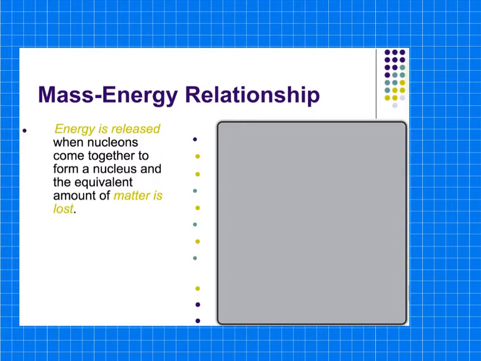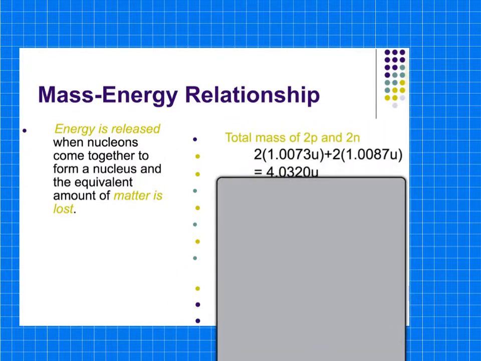In this example, we have two protons and two neutrons that collide together. They form a new nucleus. Now, if we were just to add up in universal mass units, two protons, 2 times 1.0073 universal mass units, and two neutrons, 2 times 1.0087 universal mass units, you get 4.032 universal mass units.